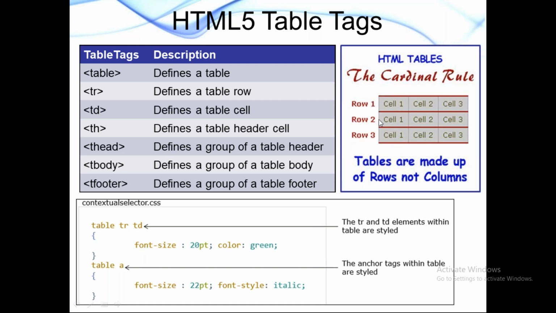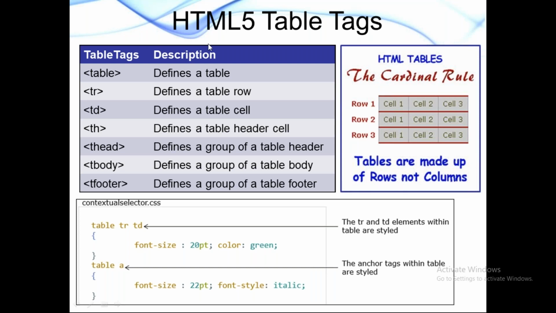For example, I want to create a table with 3 rows and 3 columns. So you just think of it as made up of 3 rows. So the first row, what goes into the first cell, what goes into the second cell, third cell, and so on. So you construct it row by row. In HTML, tables are made up of rows and not columns.